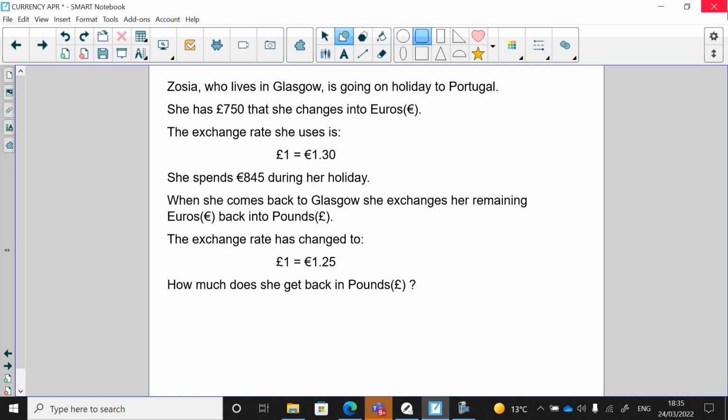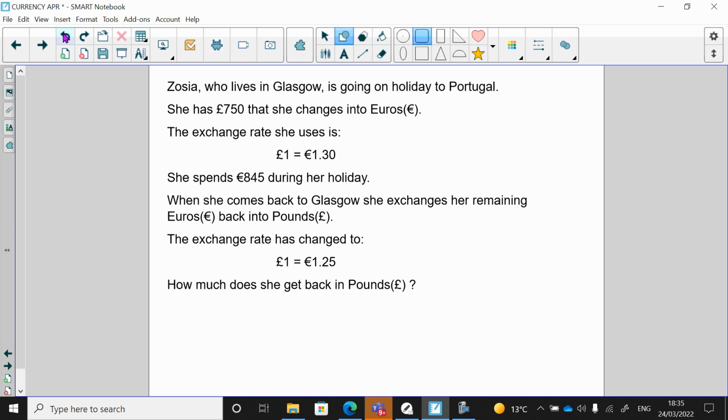She's got £750. She wants to change it into euros, and we've got an initial rate of £1 to 1.30 euros. So it looks as if we're going to be changing that £750 into euros with this exchange rate. That's the initial part, okay?